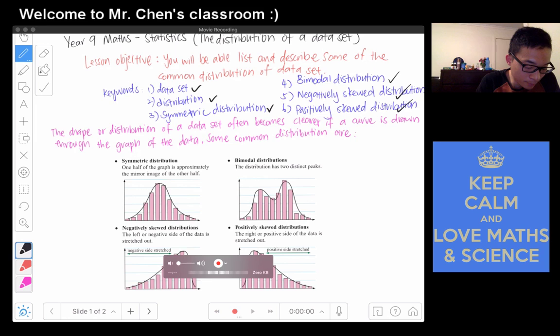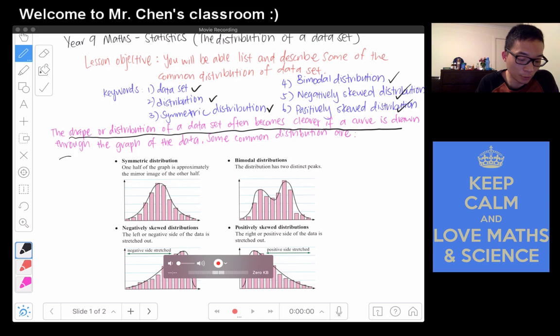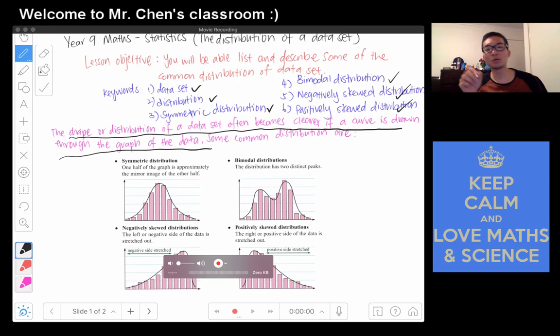The shape or distribution of a dataset often becomes clearer if a curve is drawn through the graph of the data. Okay, so let's say we have a set of data of the height of all students at our school.